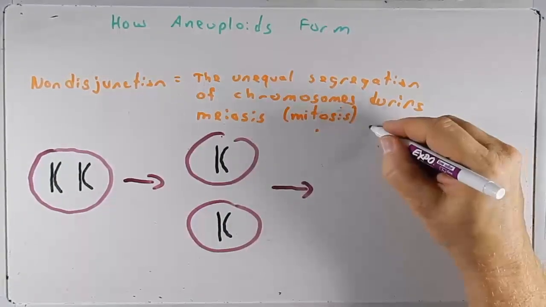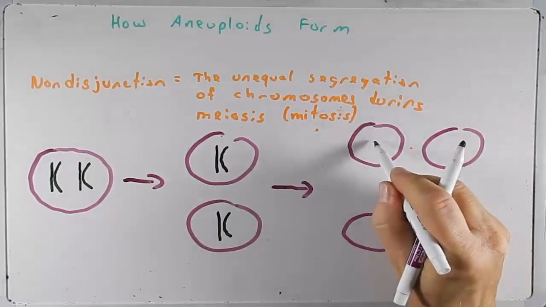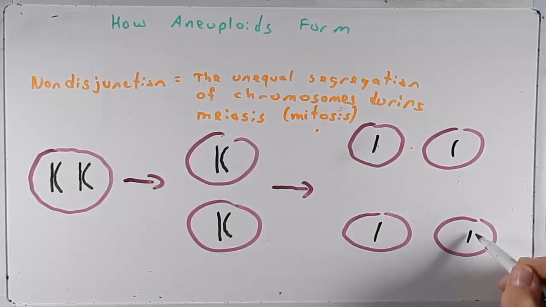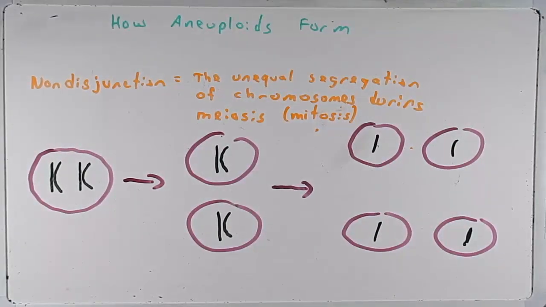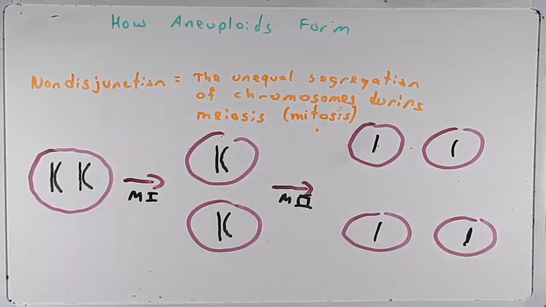And then each of these will go through meiosis 2, where the sister chromatids get pulled apart. And then these are your gametes. So remember, this was meiosis 1, and this was meiosis 2. This is what usually happens, or is what is supposed to happen.